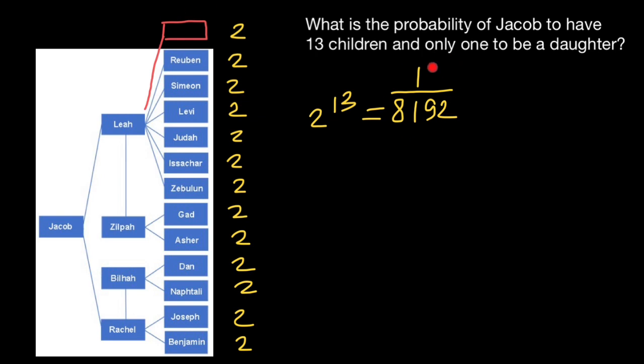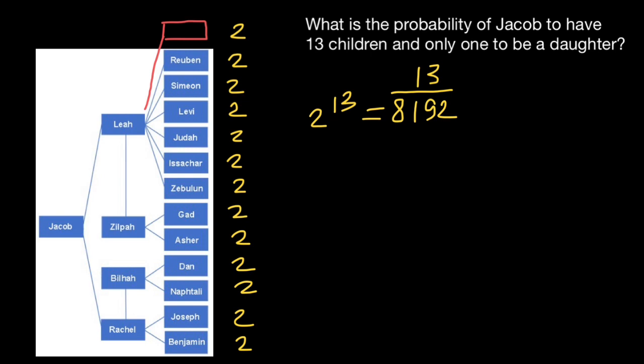So this answer is going to be true if the order is given. But if the order is not given, we can say that the first child can be a girl, but also there is another variant when the second child is going to be a girl or daughter. So as you see, we have 13 such variants.